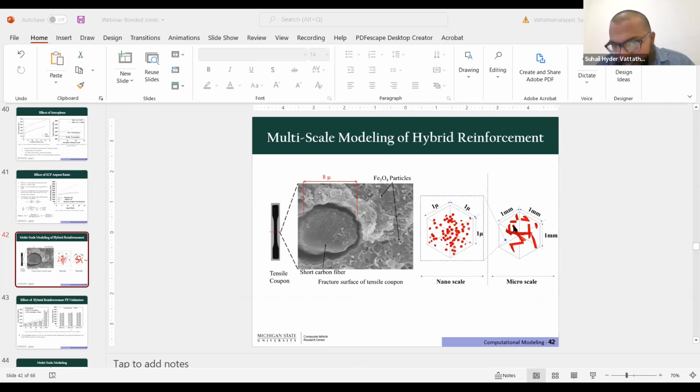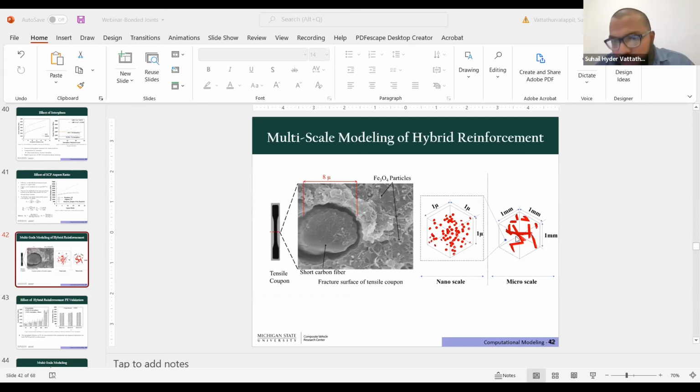For instance, the diameter of this one is 8 microns, but the length of the short carbon fiber could be nearly 1 millimeter. Why shouldn't it be greater than 1 millimeter? It could be higher.